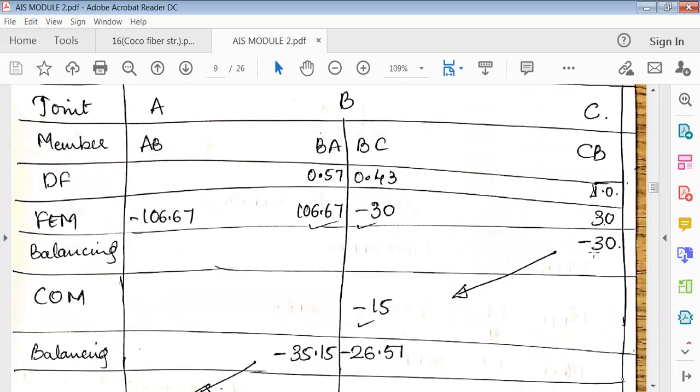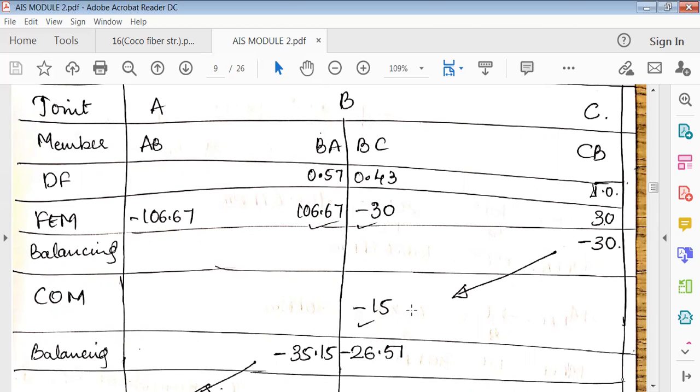Now this minus 30, B is an intermediate end. Because B is an intermediate end and it's also treated like a fixed end, half of the moment from C gets distributed here. So minus 30 becomes minus 15.